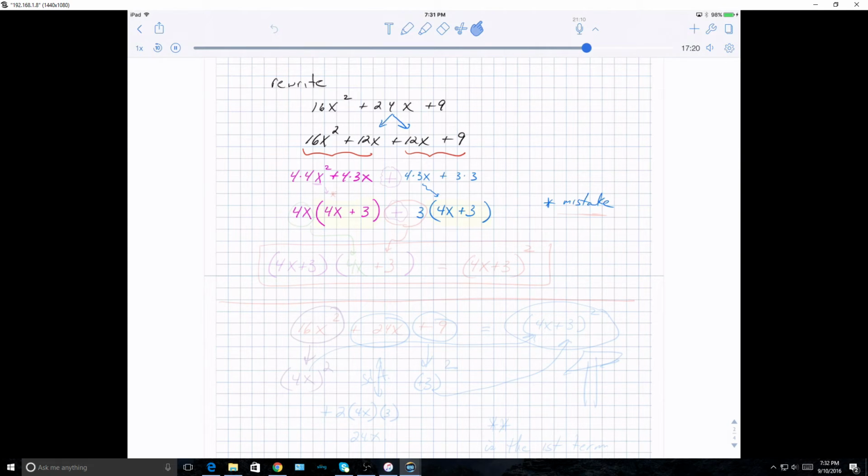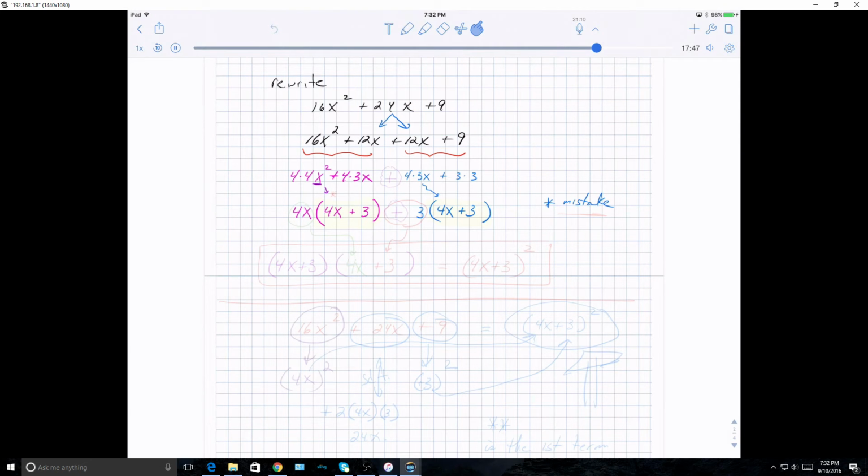If I go back to pink, then this should be that. And I did it a little too quickly, and I'm sorry about that, but let's show you what I mean. Because each one of these factors has a 4 and an x, there's one x being removed from here, and I just rewrote it because I was doing it too quickly.